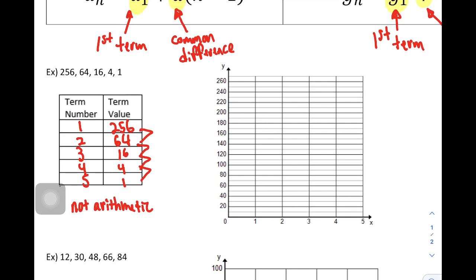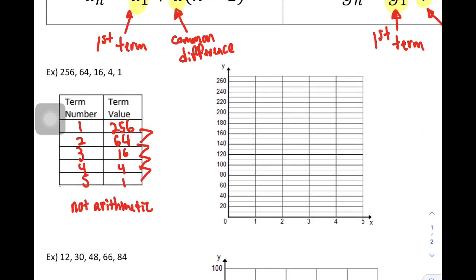Now let's check if it's geometric. Remember, to check if it's geometric, we do division. In my calculator, I can do 64 divided by 256. If you put 64 divided by 256 into your calculator, it'll give you 0.25.